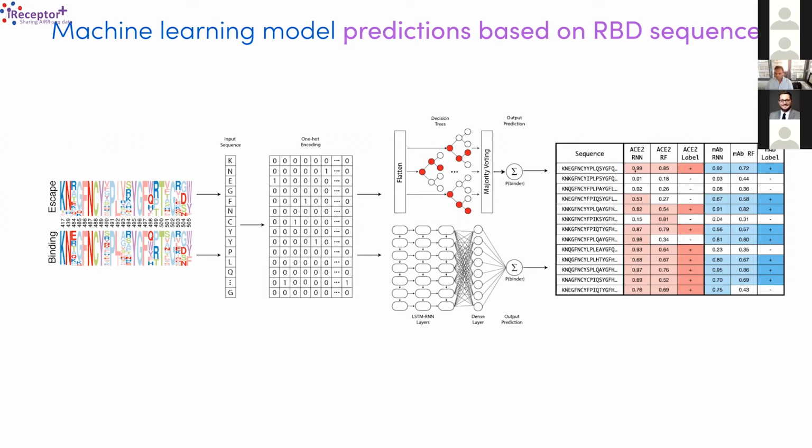And so those are the outputs, and then you can do different approaches, and we ended up doing a rather simple consensus model where both models agree. We typically have high confidence that the prediction is correct. And there are different thresholds and things that I won't get into right now. So that's literally what happens: you're training models so that you can take any given RBD sequence and get a probability that that sequence binds ACE2 or that sequence escapes a given antibody.